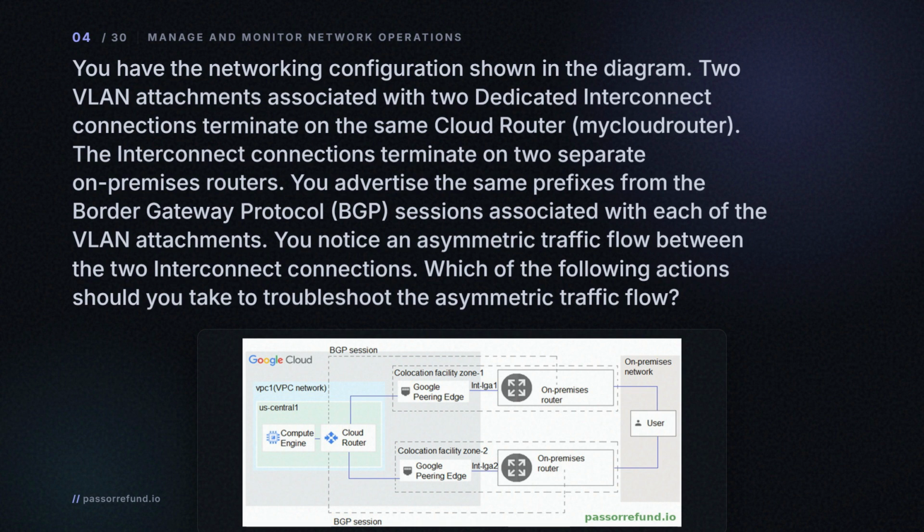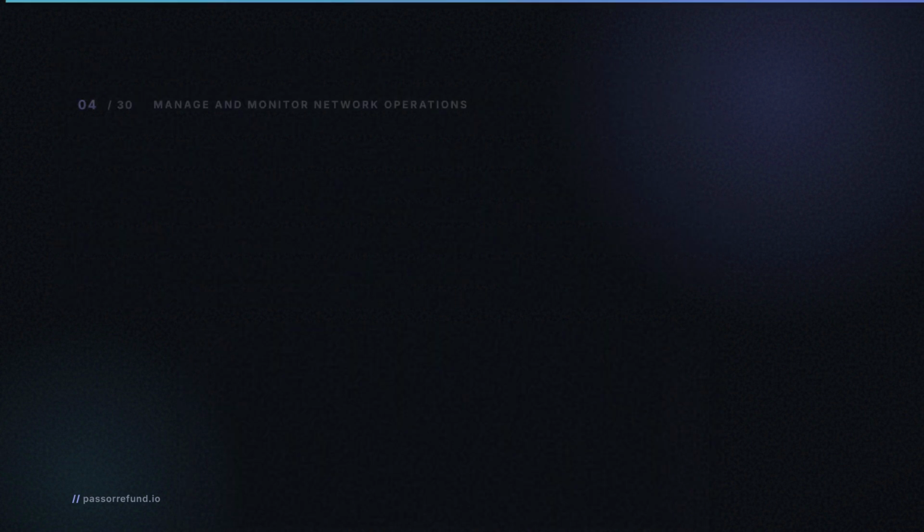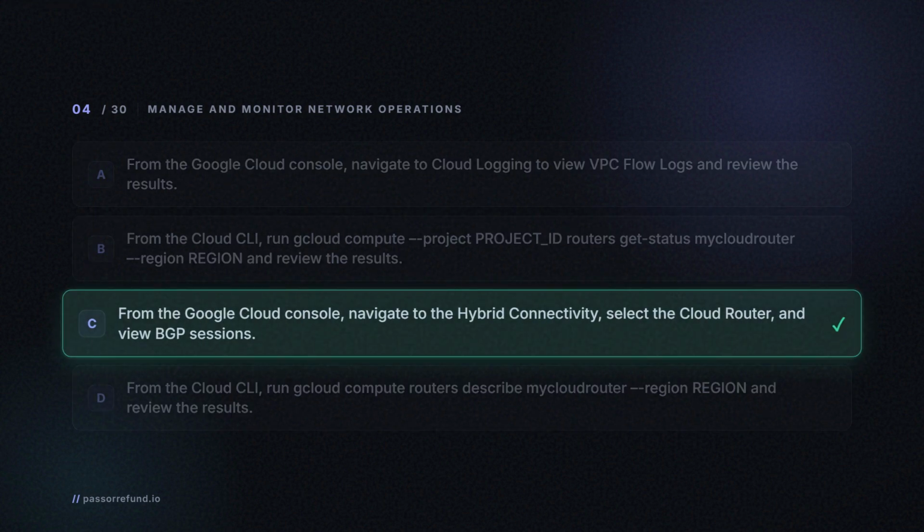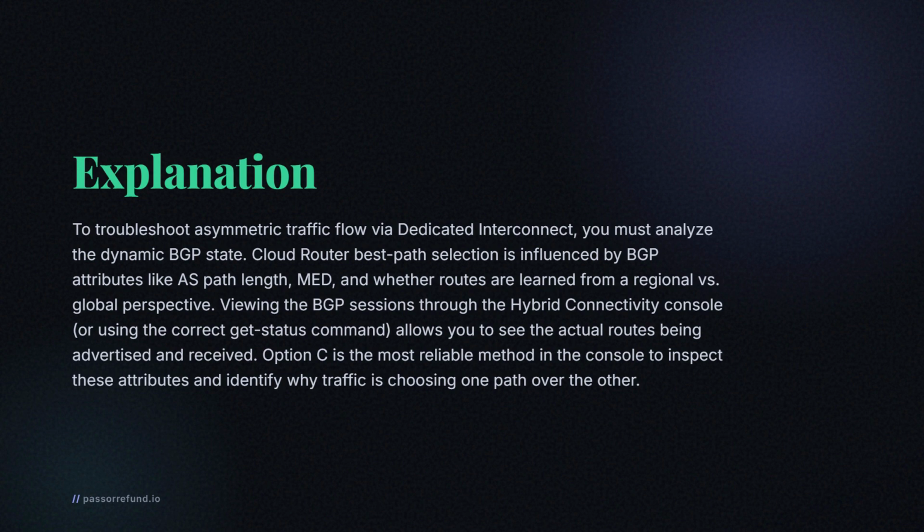But you've noticed that traffic isn't flowing evenly between the two interconnect connections. What should you do to figure out why the traffic isn't balanced? So, the correct selection here is C. To troubleshoot asymmetric traffic flow via dedicated interconnect, you must analyze the dynamic BGP state.